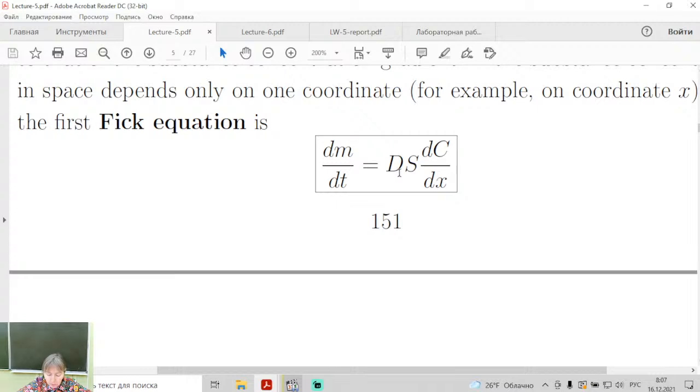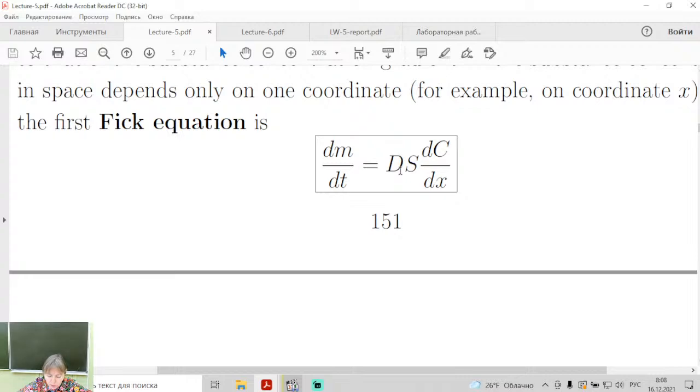D is the diffusion coefficient, which depends on substance nature, density and viscosity of medium, temperature and other factors, and is measured in square centimeters per second.